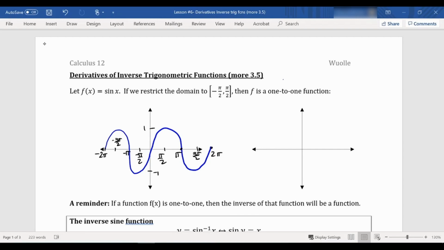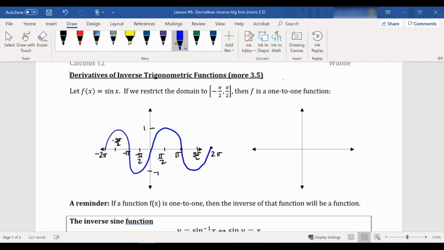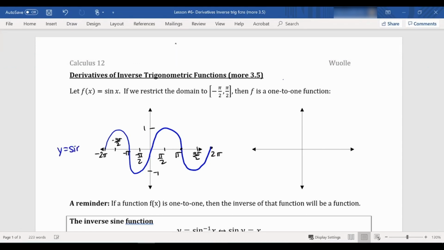So this is sine x, and we can see that it is not 1-to-1. What that means is that the inverse of this would also not be a function.